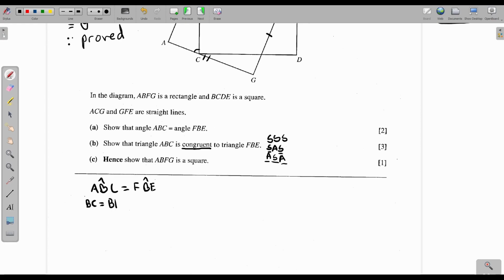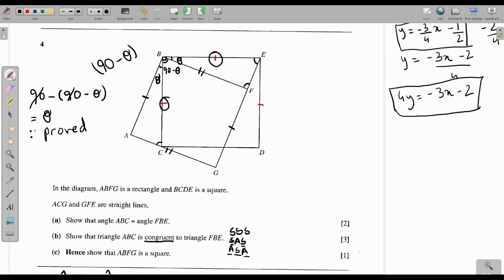So the first angle is the same, the second side is the same, and now we have this 90 and this 90, but we also can see that if this is theta and this is 90, then this would be 90 plus theta, and then 180 minus that. My 8 is very weird today. Let me try that again. So this would be 180 minus (90 plus theta) is what this angle would be, and it would be the same here.